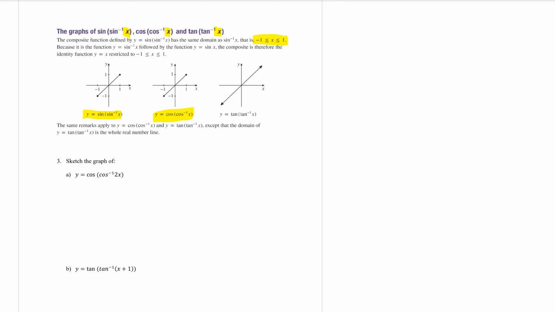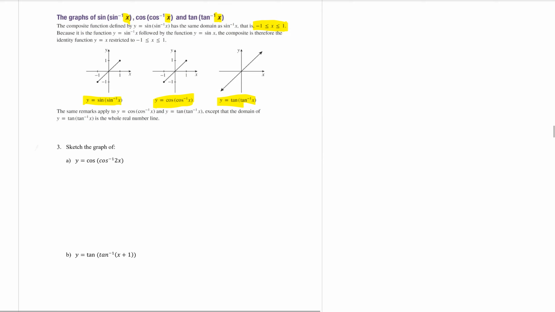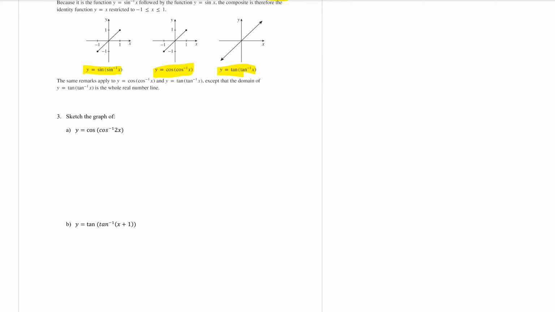So, if you remember those three basic forms of those basic graphs, it helps us to draw some slightly more complicated ones. So if we want to sketch the graph of y equals cos inverse cos of 2x, we take the 2x that is in here and we put that at the center of our domain.